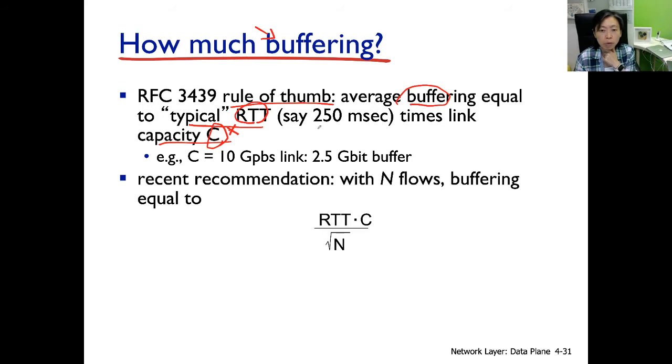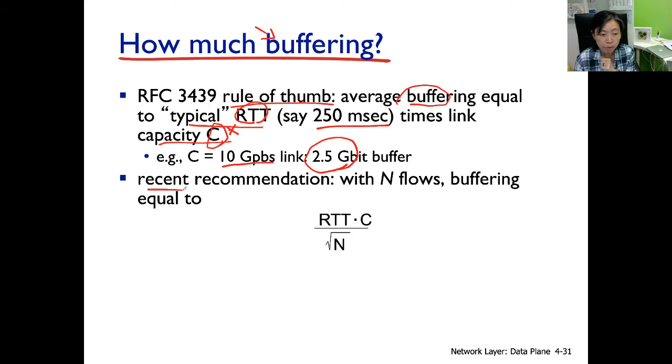In this example, we have a round trip time of 250 milliseconds and a capacity of 10 gigabits. These are very typical values, but you see the memory requirement is pretty high, 2.5 gigabits. So not exactly practical.